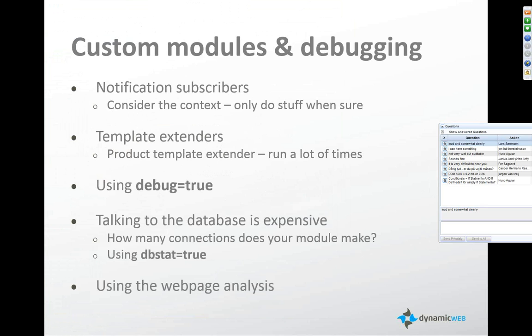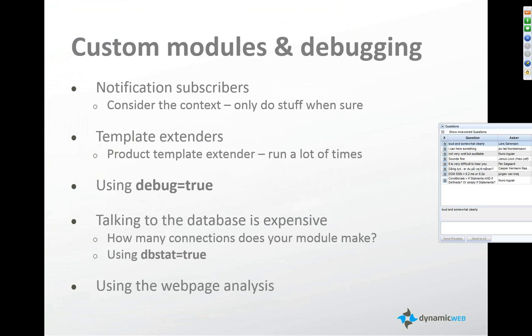Because some of these notification subscribers are raised all the time, and maybe a lot of times. For example, if you have a notification subscriber on a product list, it will be raised once for each product in the list. It's not sure that you need the functionality inside it all the time.